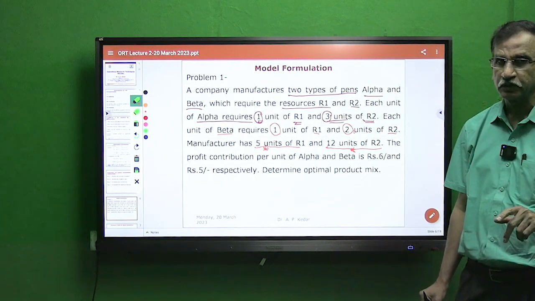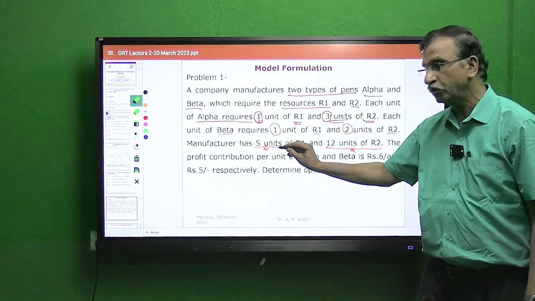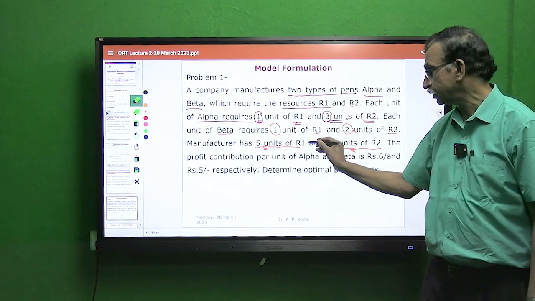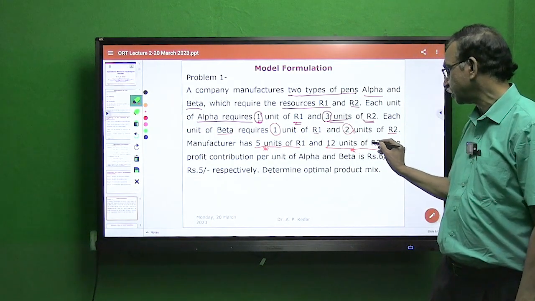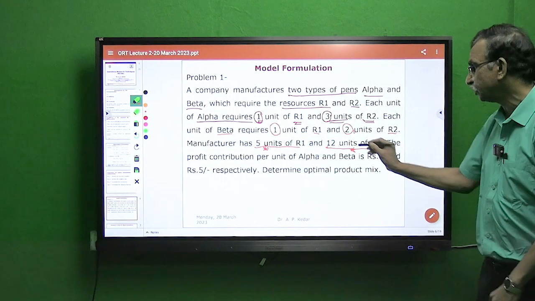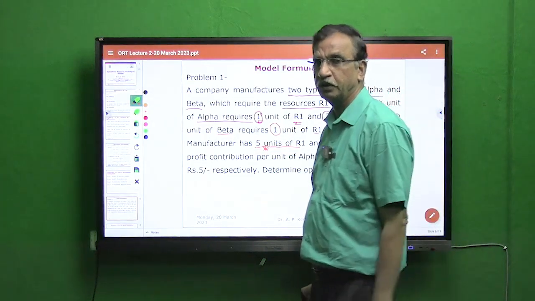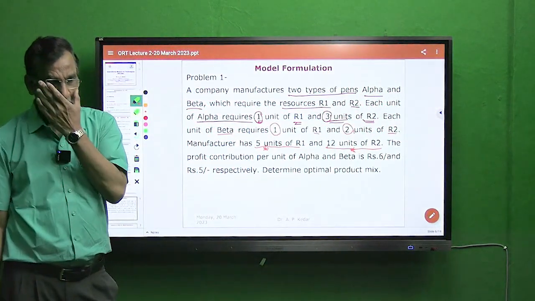It is the maximum availability of R1, 5 units. Resource R1 is available maximum for 5 units, and resource R2 is available maximum, I am saying, for 12 units. If you have thought in that way, you got some insights into linear programming.